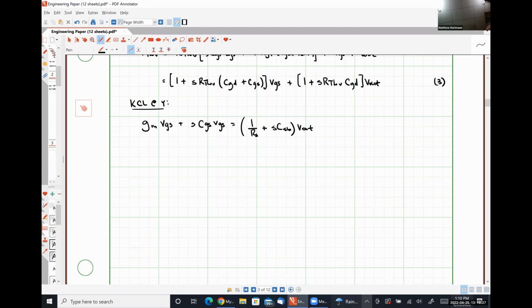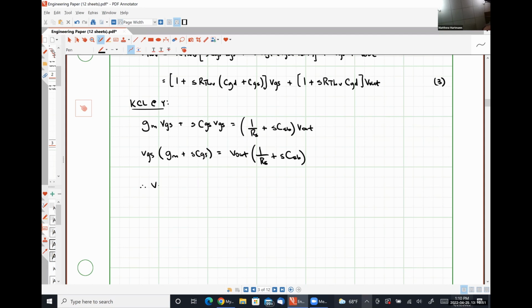I can factor out VGS on the left-hand side, giving me VGS times GM plus SCGS is equal to V out times 1 over RS plus SCSB.